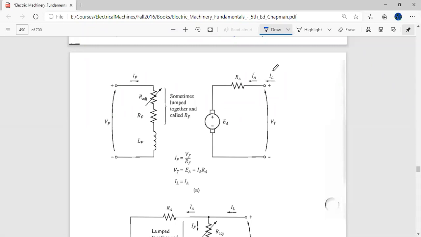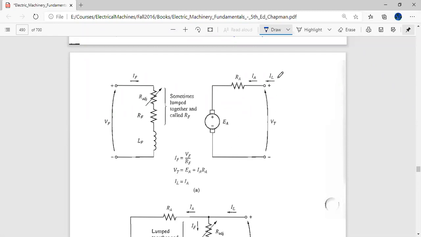There are some terminologies in the book. Sometimes armature current is also referred to as the load current. So sometimes you can also see IL written instead of IA, because in the motor, the load is mechanical, and the electrical depiction is that the more mechanical load you put on the machine, the more current it will draw from the supply.